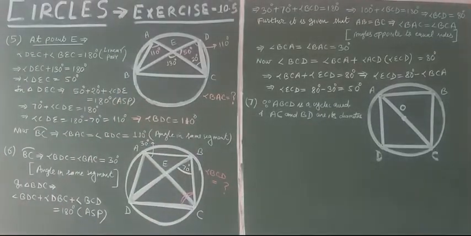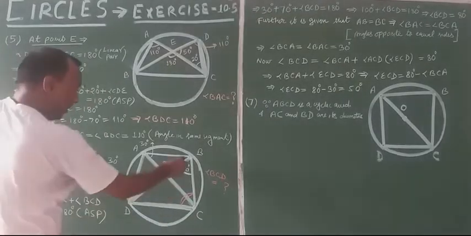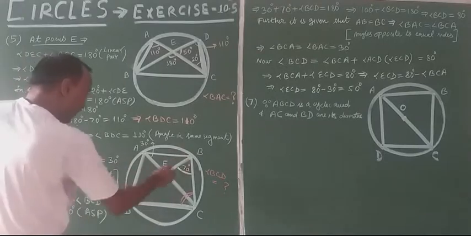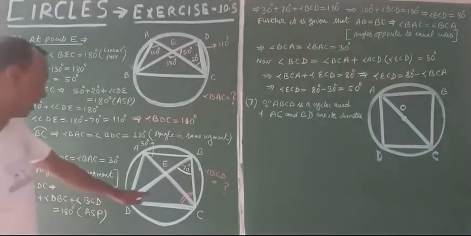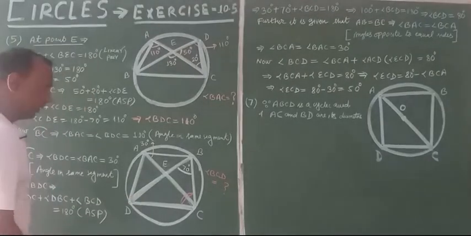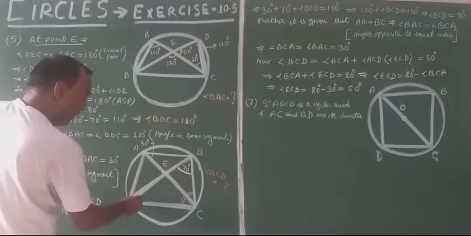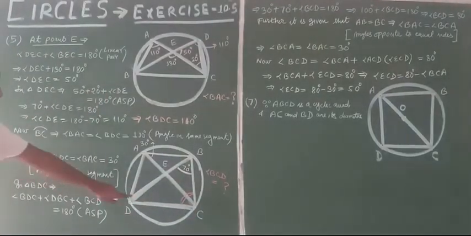Now just look at this arc BC. This arc BC is subtending angle BAC and BDC in the same segment. These are the angles in the same segment.